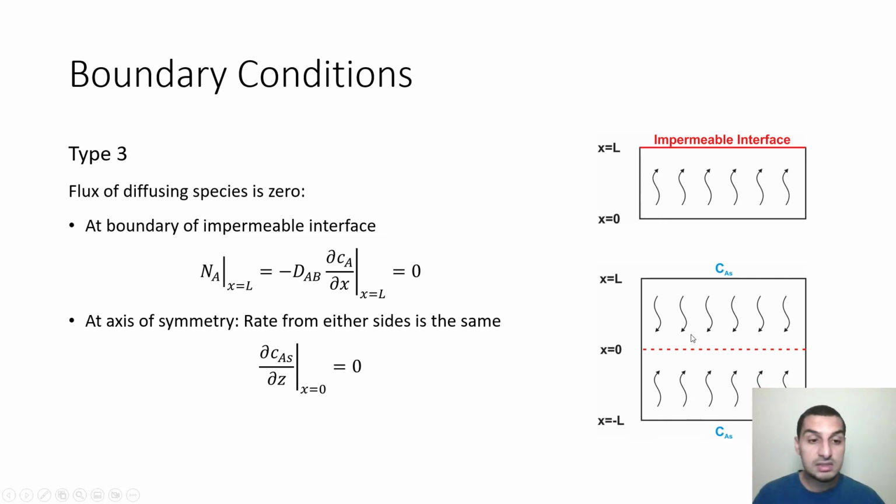So there is a symmetry, and at this axis of symmetry there is nothing that will make one flux be more than the other. So the flux from the two sides is the same. So there is no flux at this point. So flux coming from here equals the flux coming from here. So the gradient at x equals 0 equals 0 as well.